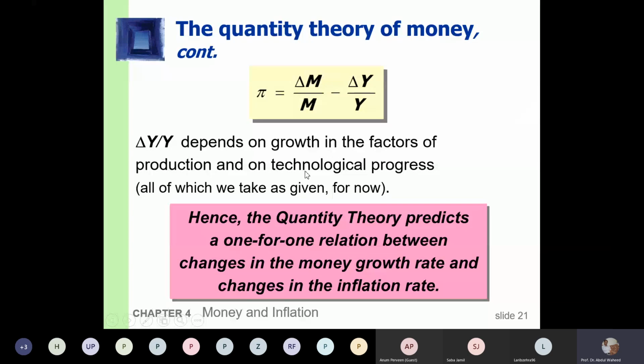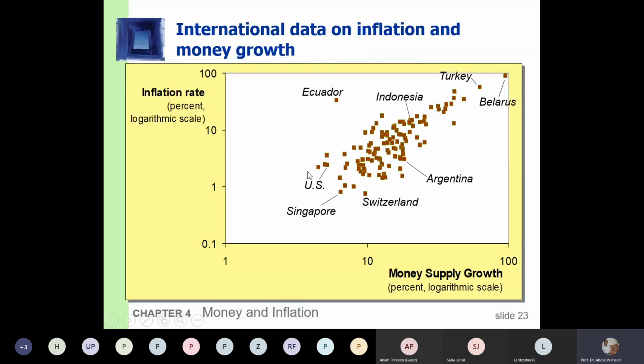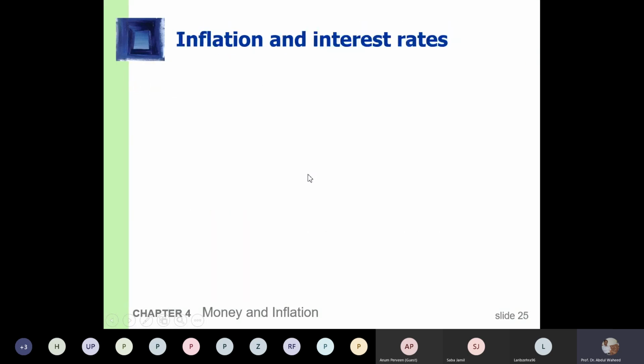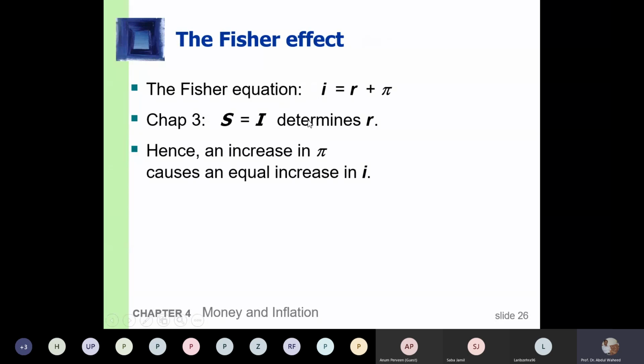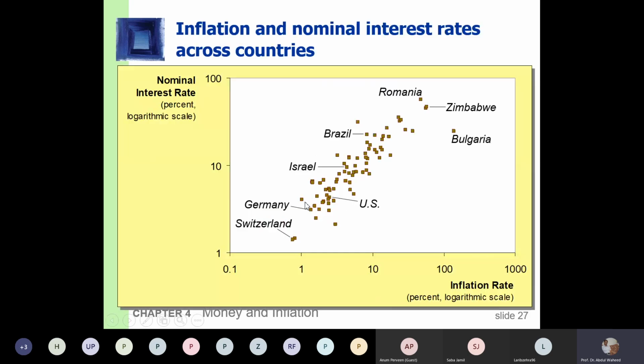So when inflation rate increases, the nominal interest rate will also increase by 2%, because real interest rate depends on supply of loanable funds and demand for loanable funds. So your answer is correct.